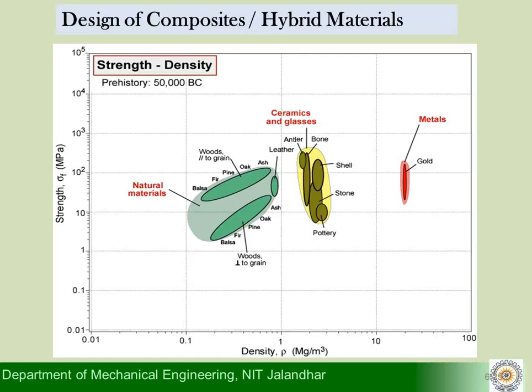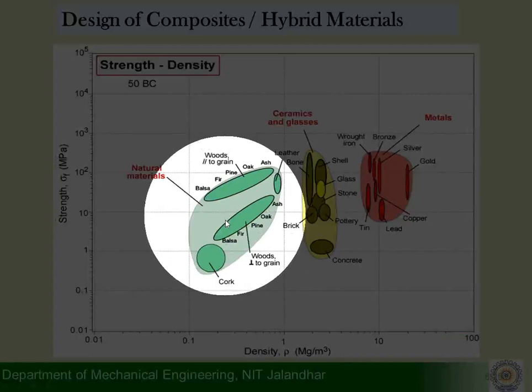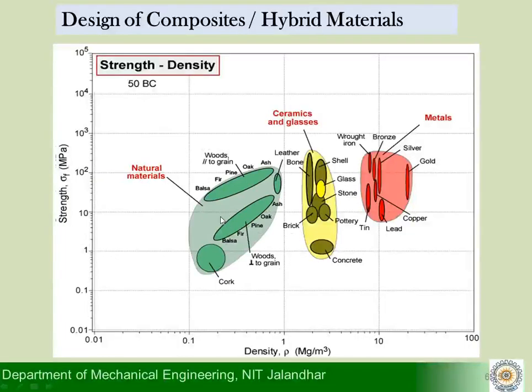So this chart here actually tells us how over a period of time people have developed new materials and the material property space has been filled up. So this is long ago that you had very few materials here. Moving forward here, we find that some areas are getting filled, and we observe that a few natural materials have come into the picture.